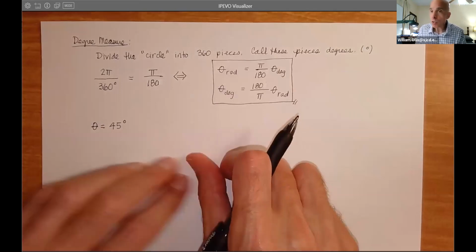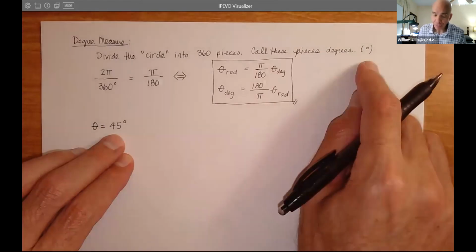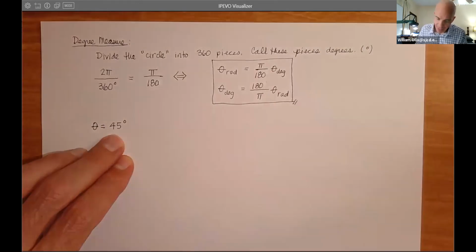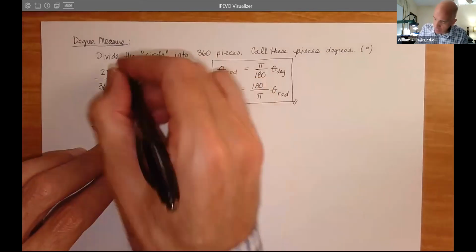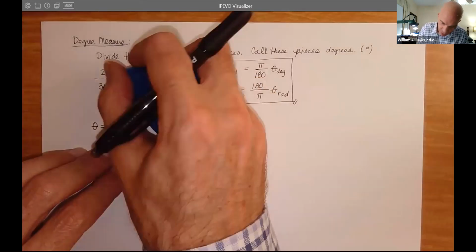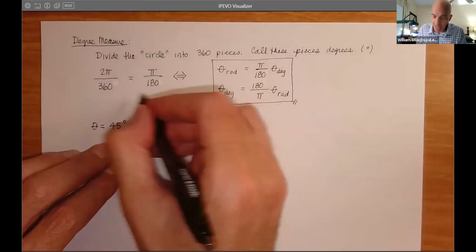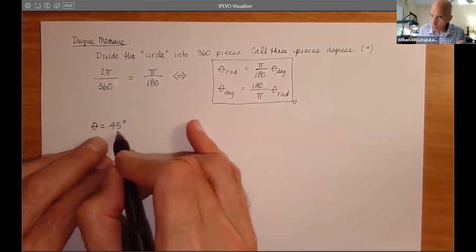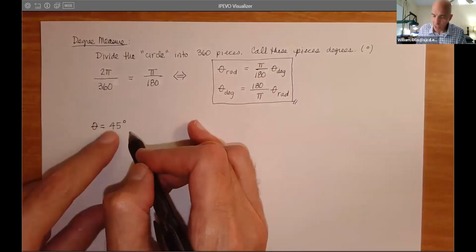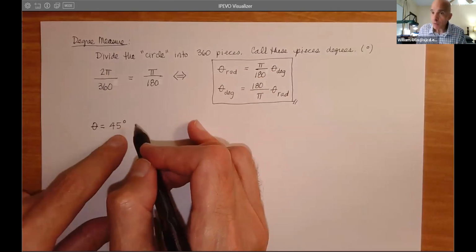In order to understand the difference between radian measure and degree measure, we'll use a degree measure here, the superscript 0, to denote 45 degrees.